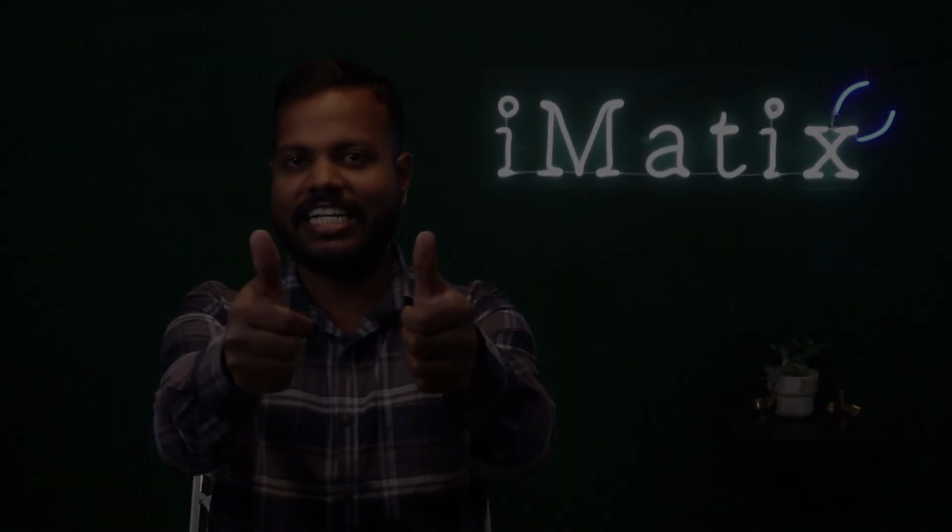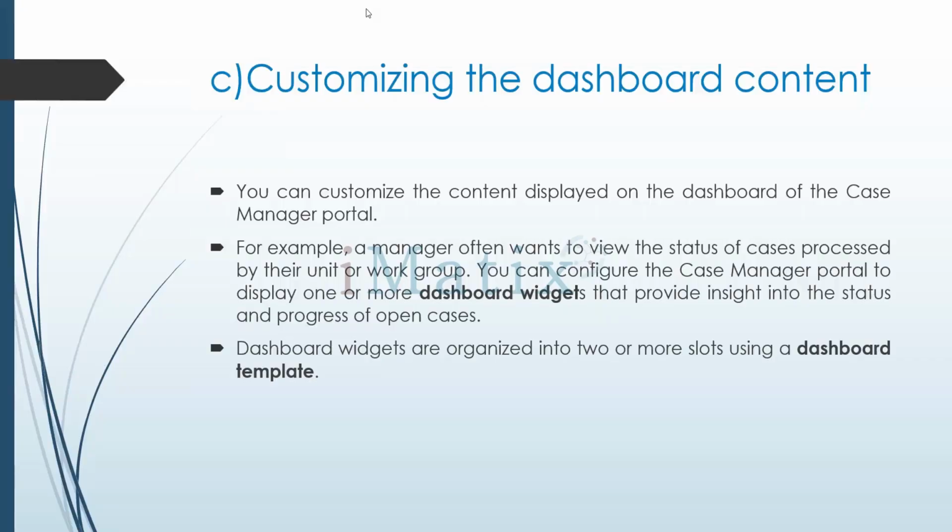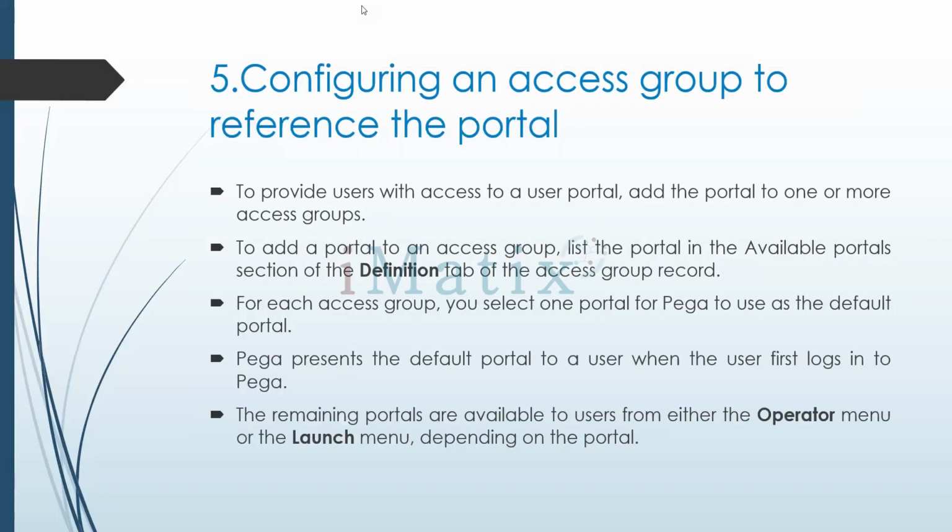So let's get started. You need to have this portal added onto an appropriate access group, or else the changes that you have done will not be reflected. Probably the most important thing when it comes to the portal is to make sure it is added to the appropriate access group.